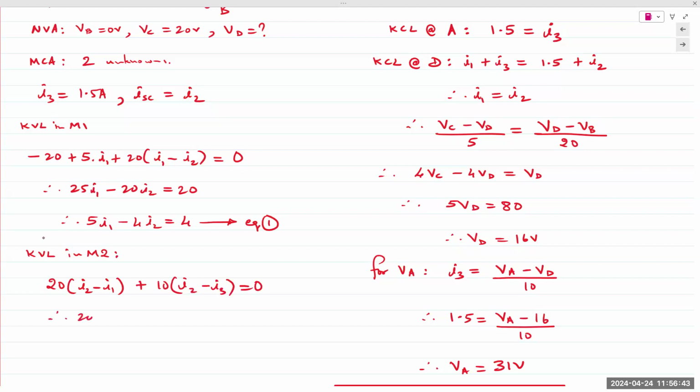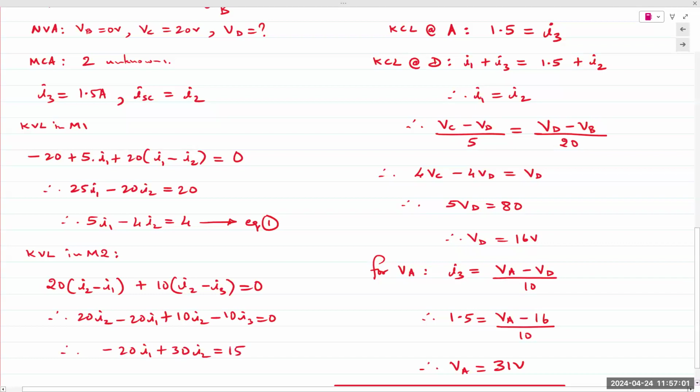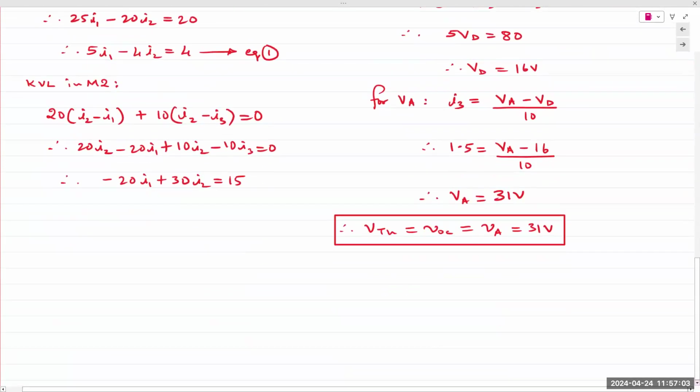So 20 times I2 minus 20 times I1 plus 10 times I2 minus 10 times I3 is equal to 0. Reduce this, I get minus 20 times I1 plus 30 times I2 is equal to 15. You can solve this with any method you choose. I'm going to call this equation 2.